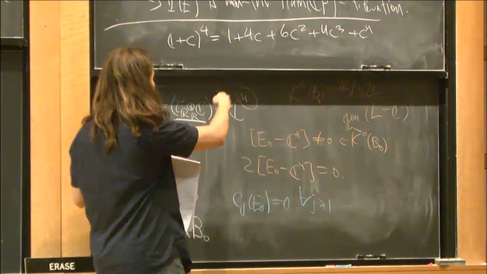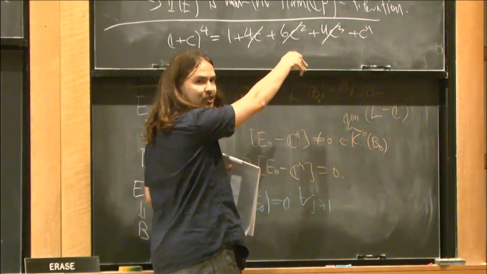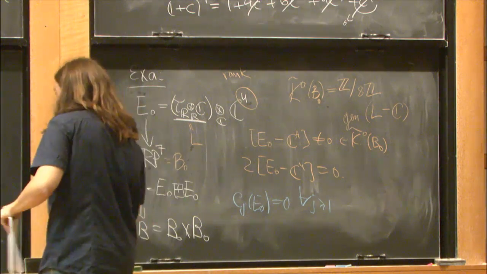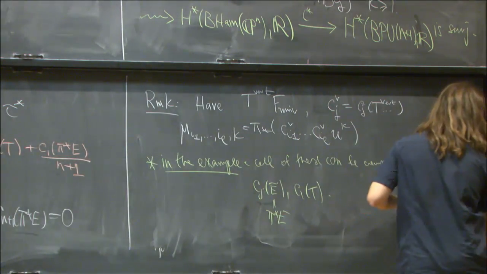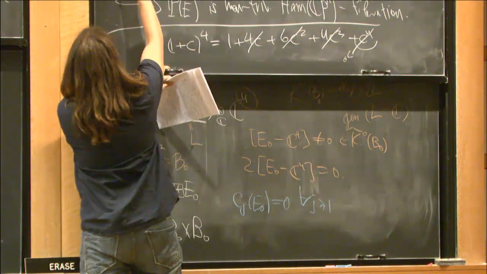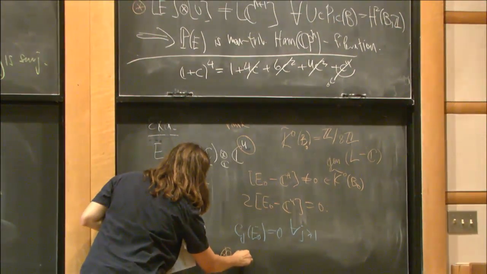And then in RP2 this goes to 0, this goes to 0, this goes to 0, because everything is 2 torsion. Yes, so let me just say that this condition is easily verified.